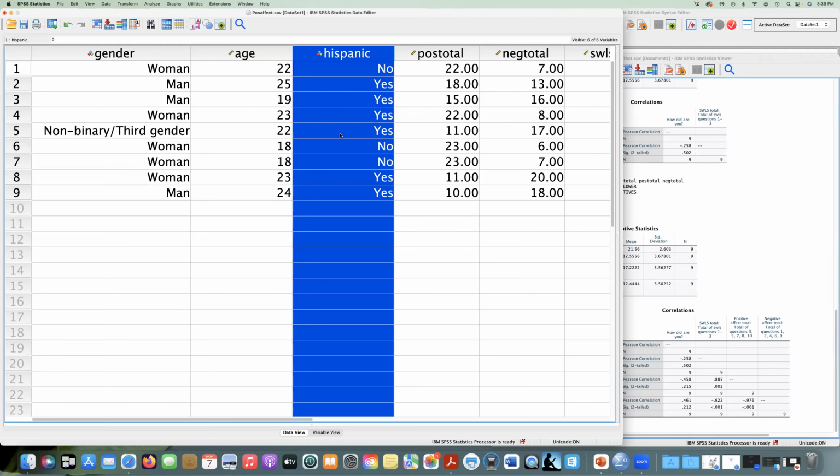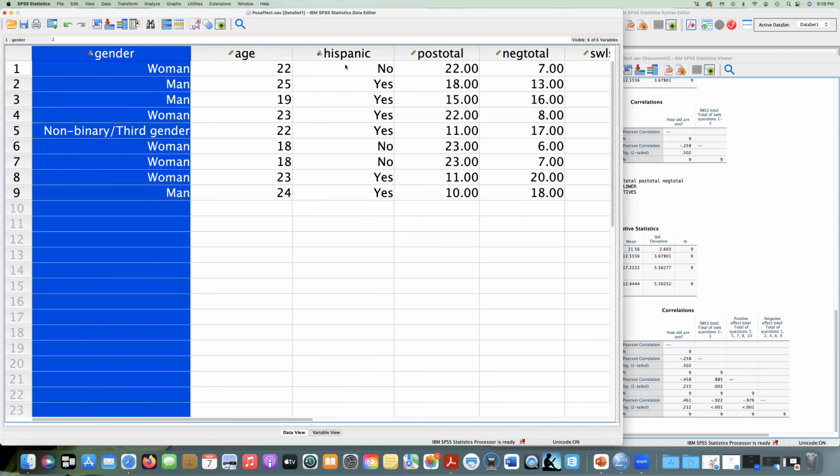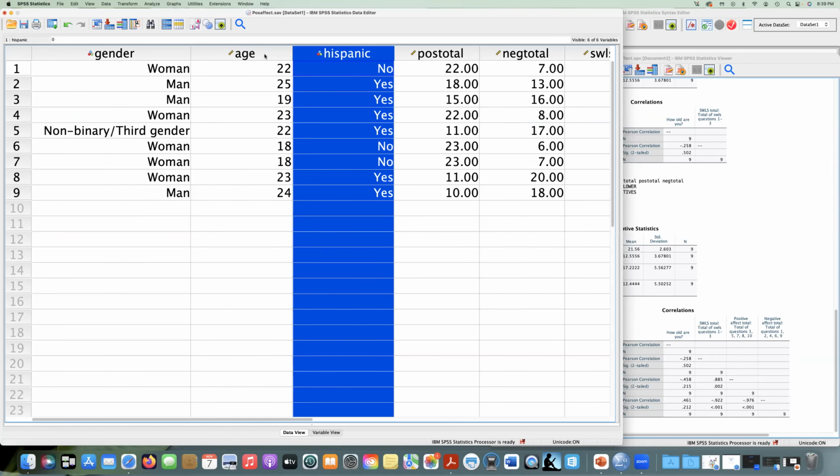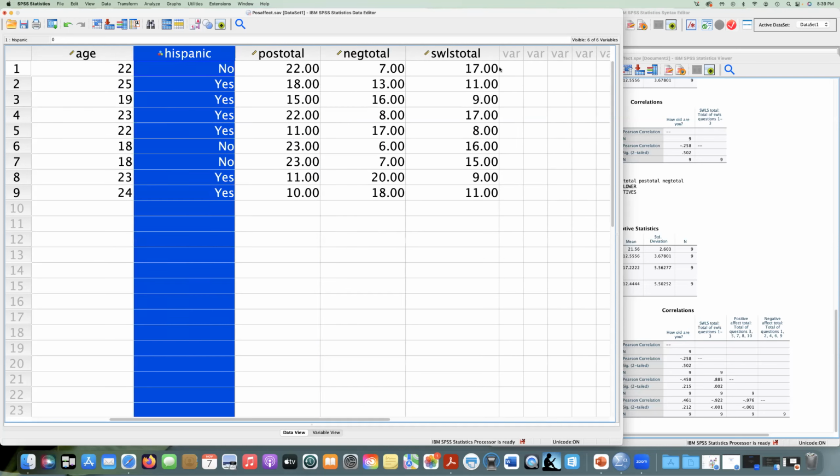For the second part of our plan for an independent samples t-test, we need a dependent variable that is continuous. So I cannot look at Hispanic origin by gender. That would not work. That is not a t-test. I could look at Hispanic origin by age, but that's kind of boring. So let's look at one of these other variables.